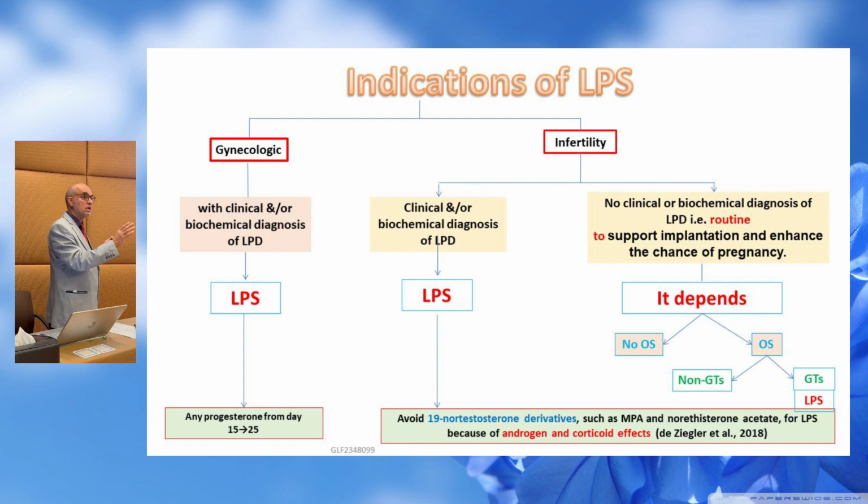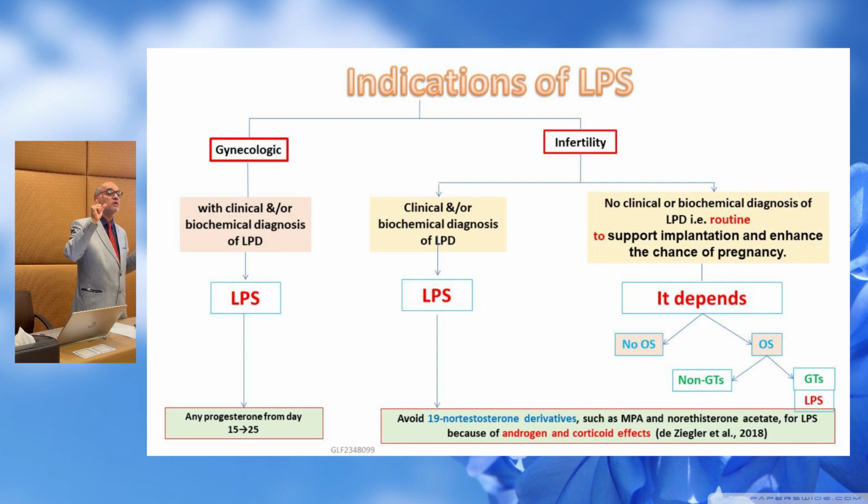So in those cases, give them natural progesterone or dydrogesterone, as I will discuss. And the patients with induction of ovulation drugs, those patients are receiving clomiphene citrate or tamoxifen citrate or letrozole.